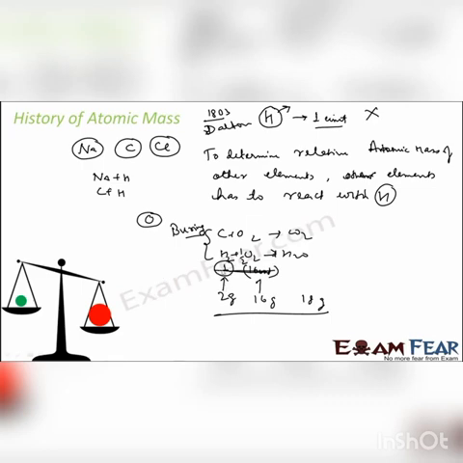Here we have 2 hydrogen, here we have half oxygen. So it was concluded that oxygen is 16 times heavier than hydrogen, or the oxygen atom is 16 times heavier than the hydrogen atom.